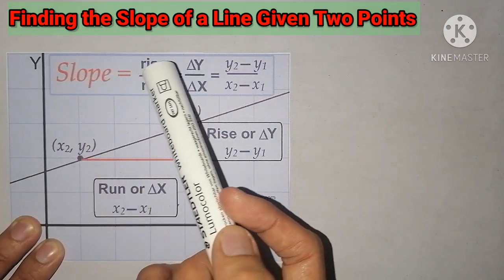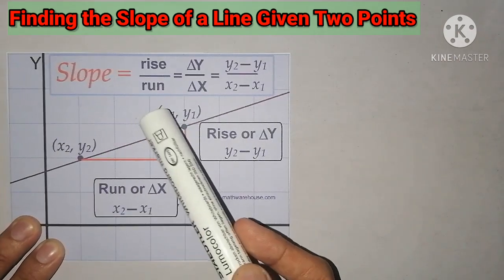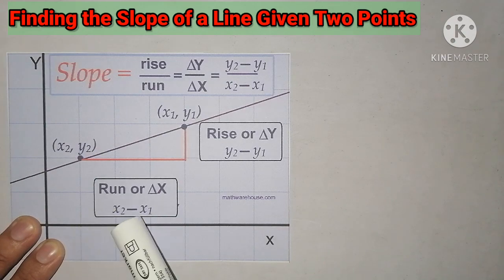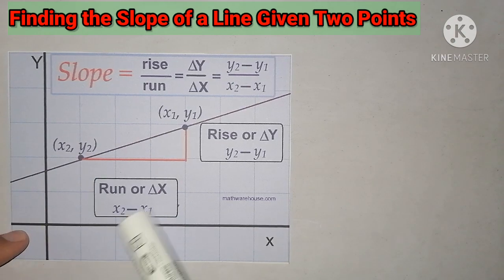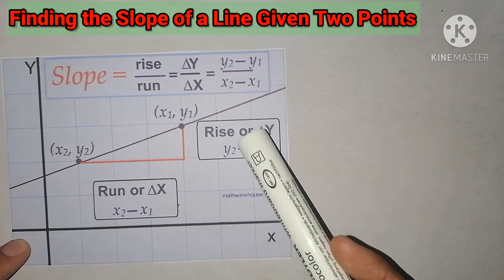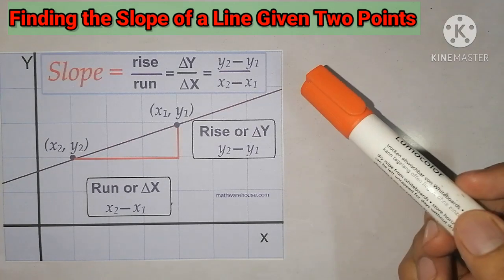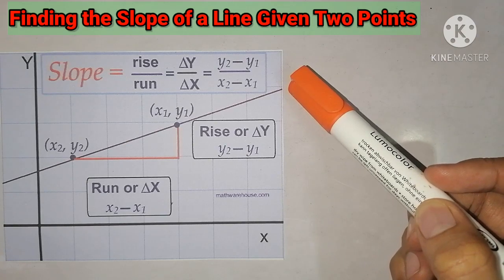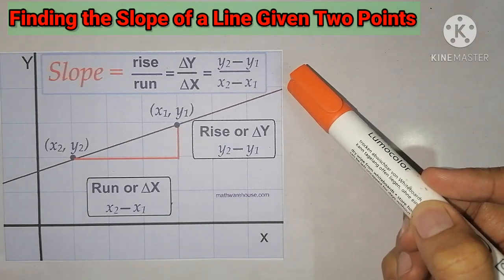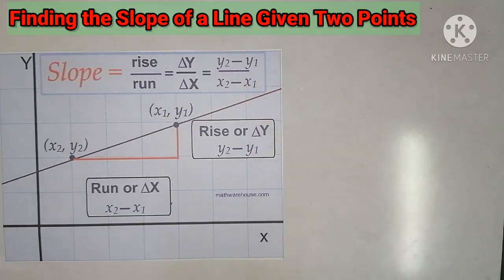The slope can be denoted by rise over run. The run is x sub 2 minus x sub 1 and the rise is y sub 2 minus y sub 1. So this is the formula for finding the slope of a line: y sub 2 minus y sub 1 over x sub 2 minus x sub 1.